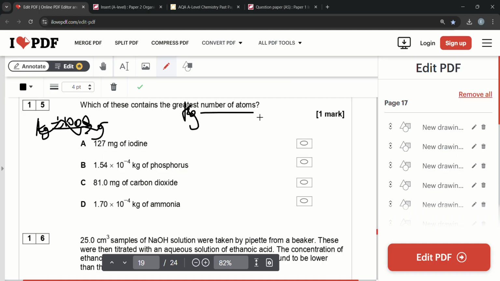You can tell I've been doing a lot of videos recently. Kilograms to grams, we times by 1,000. There's 1,000 grams in every kilogram. Can't believe I just got that wrong. So 1.54 times 10 to the power minus 4 times 1,000 is 0.154 grams.